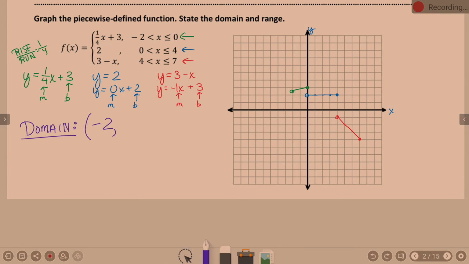So it starts at 4. How far does it go? 7. Goes to 7. And 7 with a bracket, it's a filled in dot, so a bracket. That doesn't usually necessarily happen on piecewise functions where all the values from -2 to 7 are included. But it did, so we'll enjoy it, right? Does it make sense with here? This goes -2 to 0, 0 to 4, 4 to 7, doesn't it? It all connects, so it makes sense. Just not always the normal.